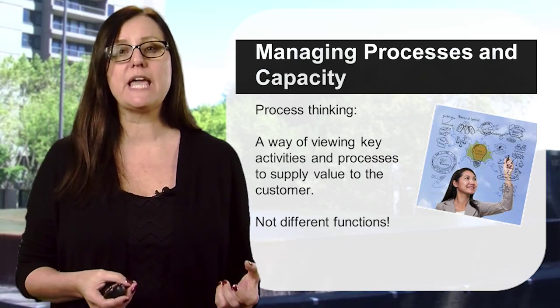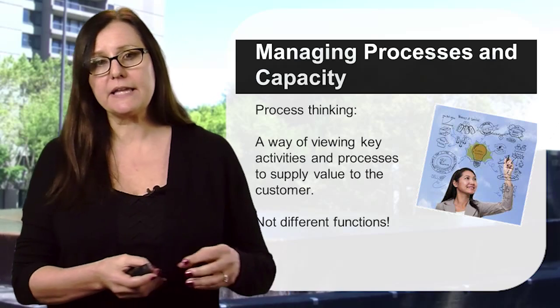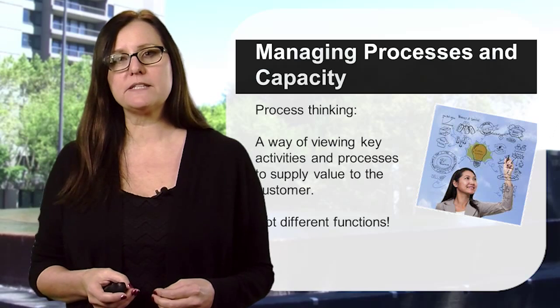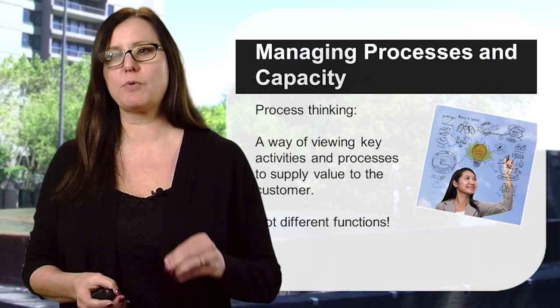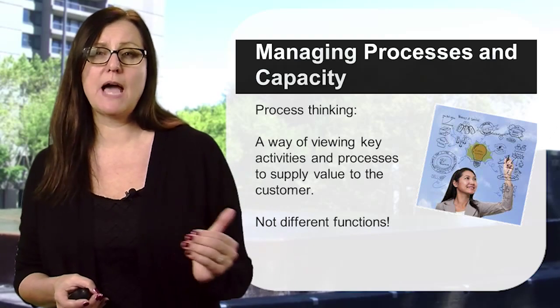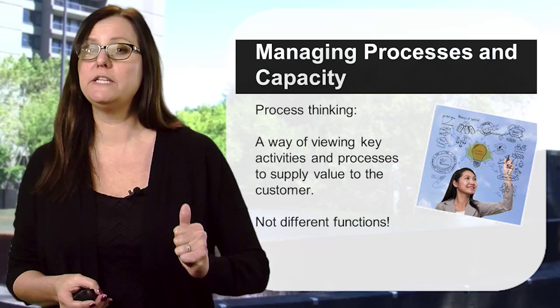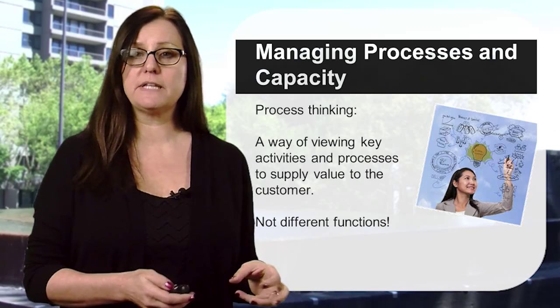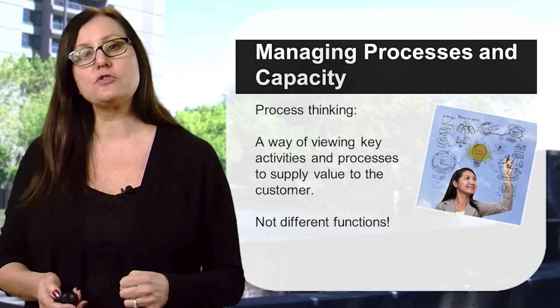Okay, it's a way of viewing activities to supply that value to the customer. So now what you're going to want to start doing is mapping these processes out and then looking at the capacity or how much can flow through each of these processes. So then you can start looking at terms like bottlenecks or critical constraints.